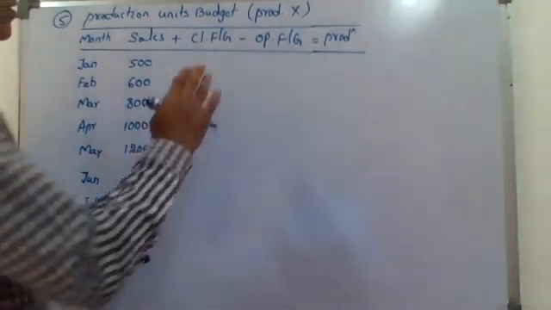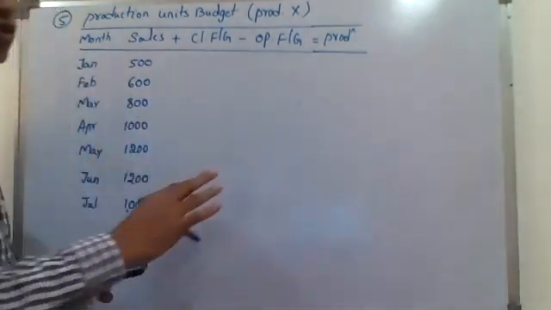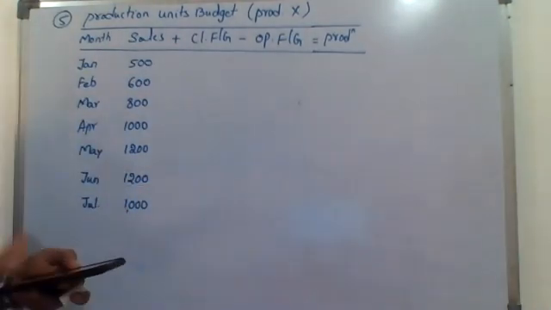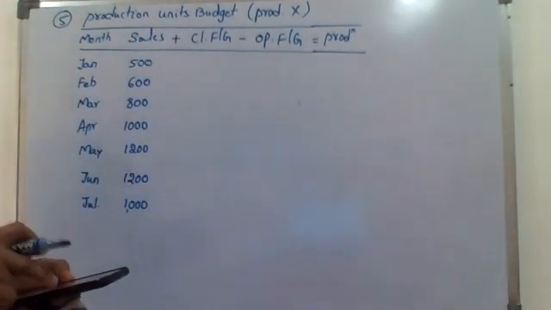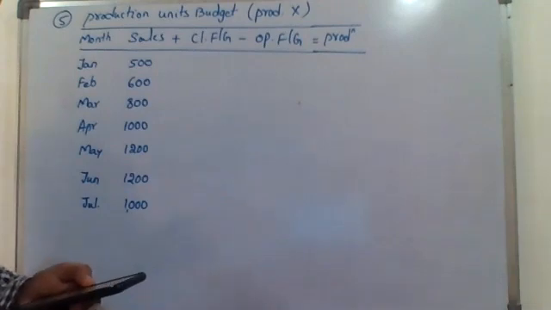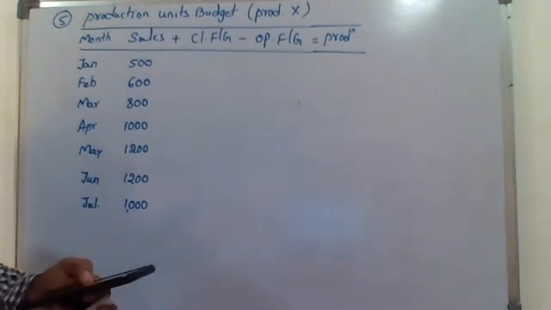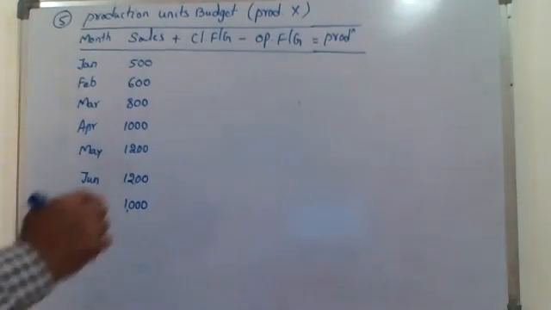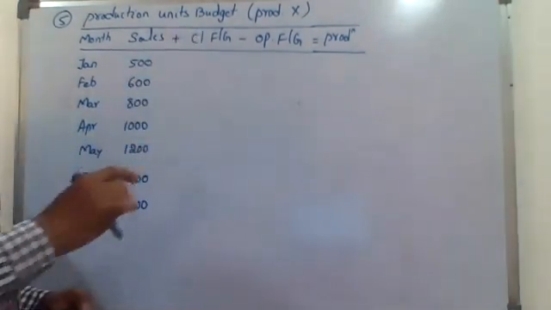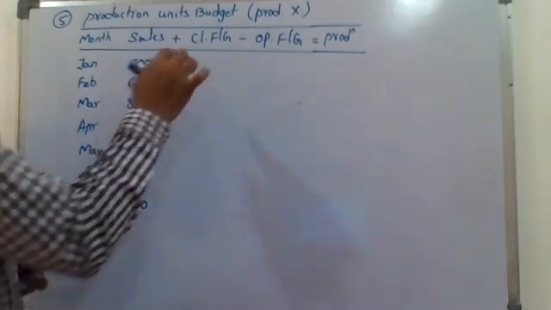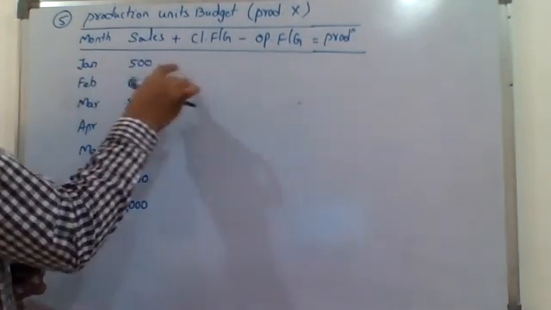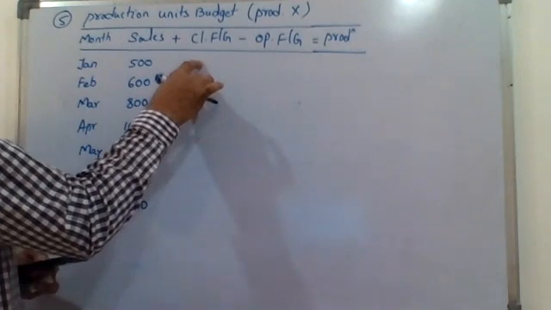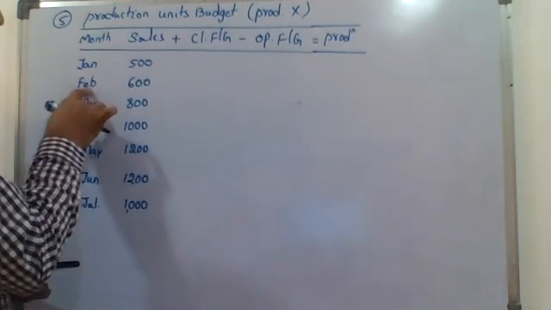Do you have the closing stock and opening stock of finished goods directly given in the question? The answer is no. So how do I find out? That is where he says finished units equal to half the anticipated sales for the next month will be in stock at the end of each month. At the end of each month, he is talking about closing stock, isn't it? That means closing stock of January will be equal to half of the anticipated sales of next month.